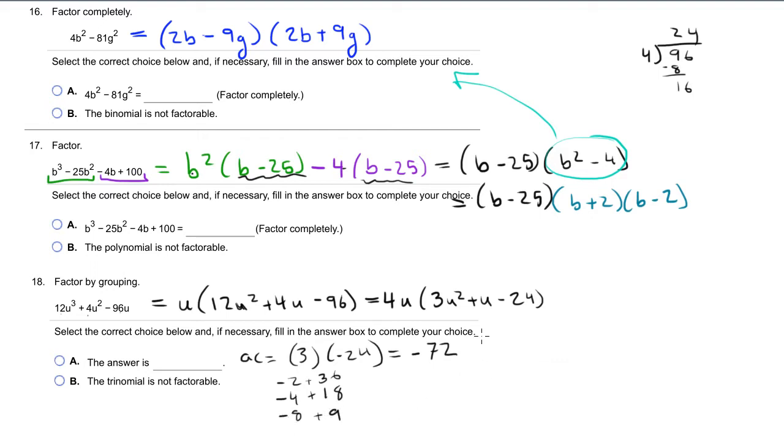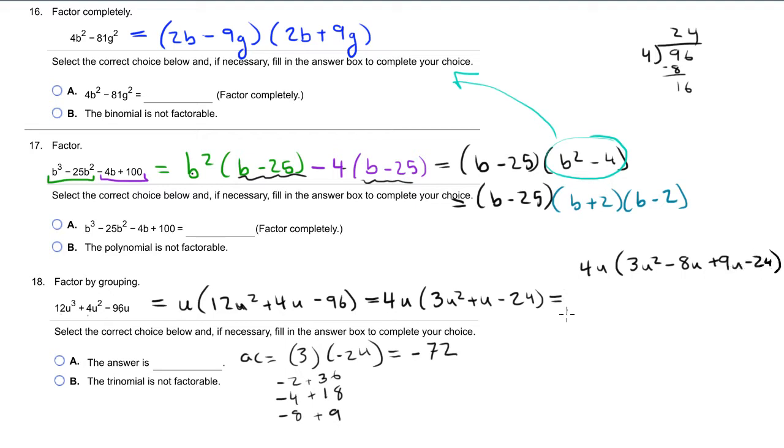Cool. So then this is equal to 4u times 3u squared minus 8u plus 9u minus 24.